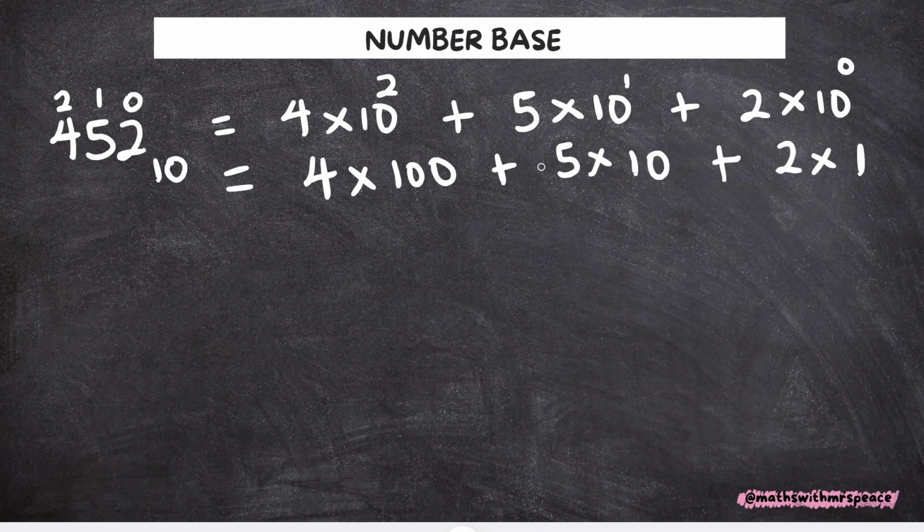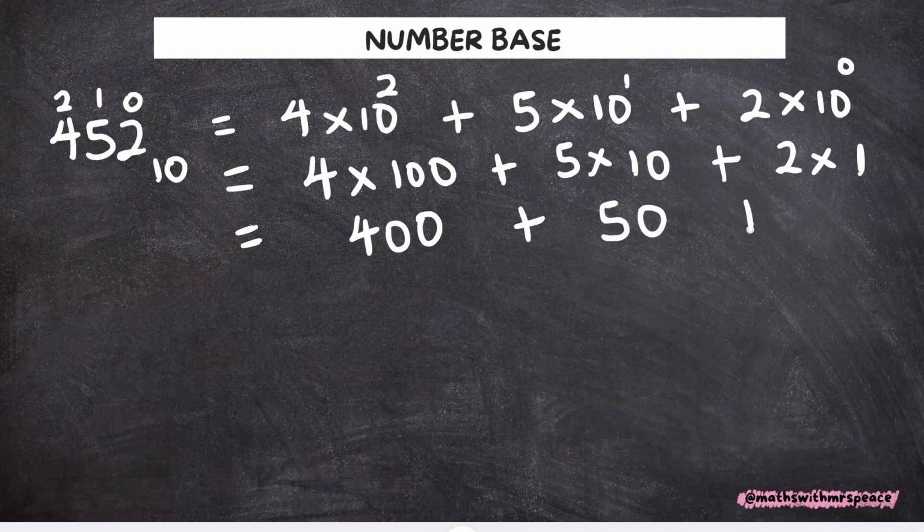So this just goes to show you how every digit in a particular base can be expressed as a multiple of a power of that base, because every place value here is a power of the base. And if I were to multiply this, 4 times 100 will give me 400, and 5 times 10 will give me 50, and 2 times 1 will give me 2.